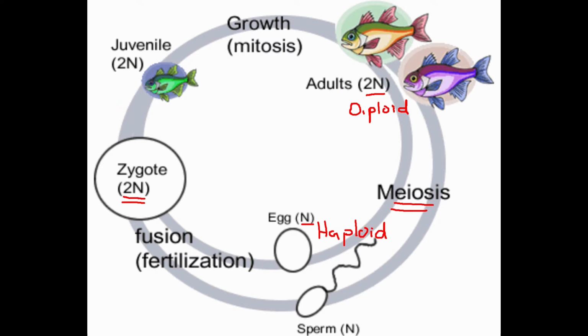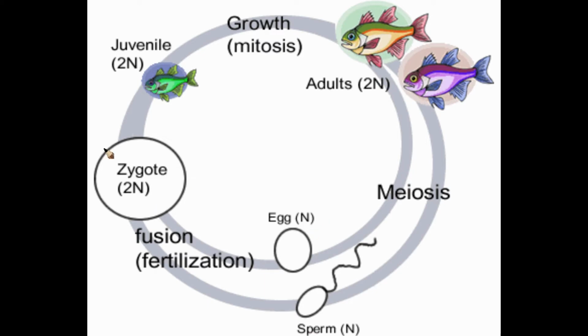So why reproduce sexually? Well, sexual reproduction produces variation in the offspring. There are several reasons for that, and I'm not going to go into all of them. But one of the key reasons you get variation is that you've got a new combination of genes from both mum and dad, from two organisms.